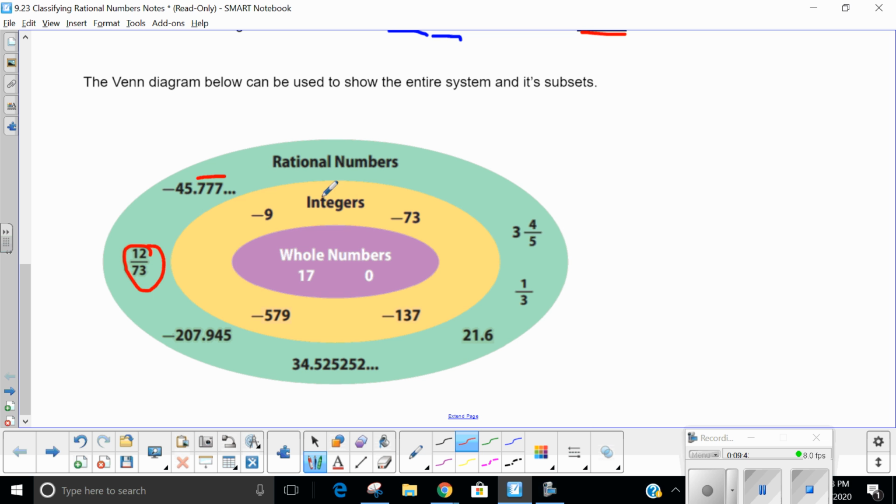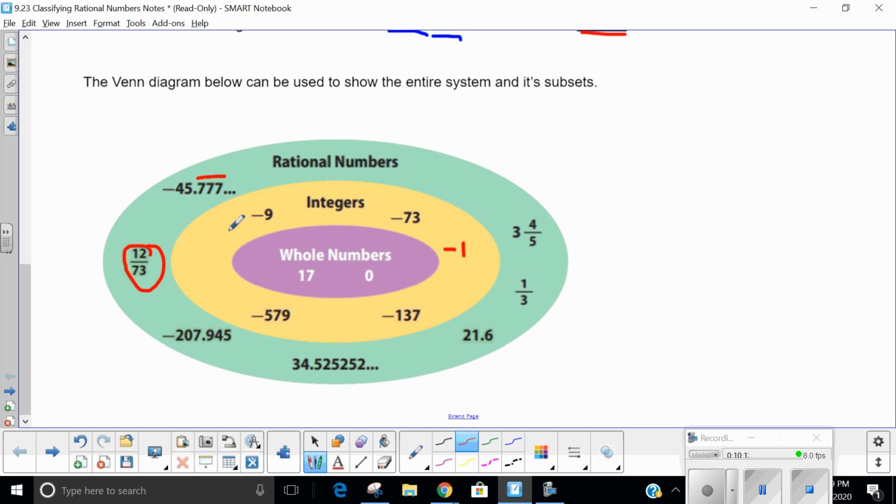So in this case, you should remember the integers go inside the rational numbers, and integers are all the positive and negative whole numbers. Okay, so if we have +1, that would be an integer. That would be a whole number. And a negative whole number would be in the integers.